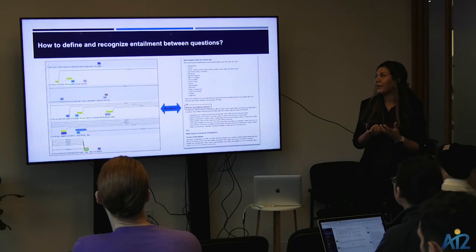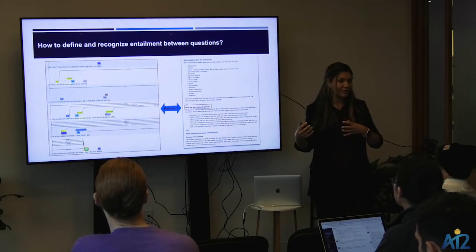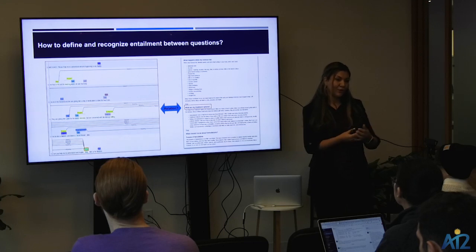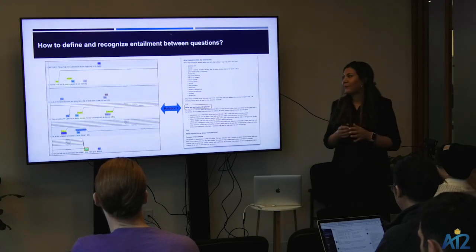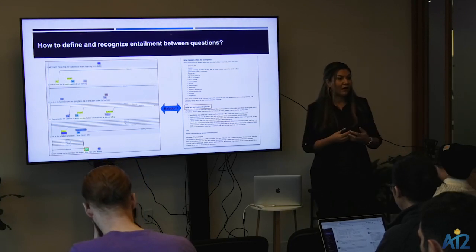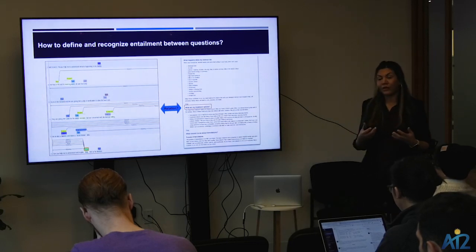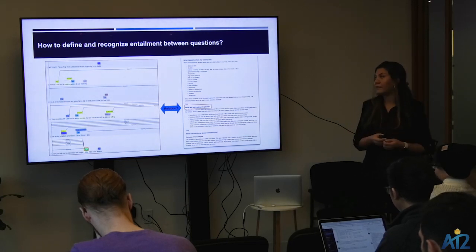We define the entailment relation as: question A entails a question B if every answer to B is also a correct answer to A. This task allows reaching and using pre-existing answered questions to answer the new questions if they satisfy the entailment relation.